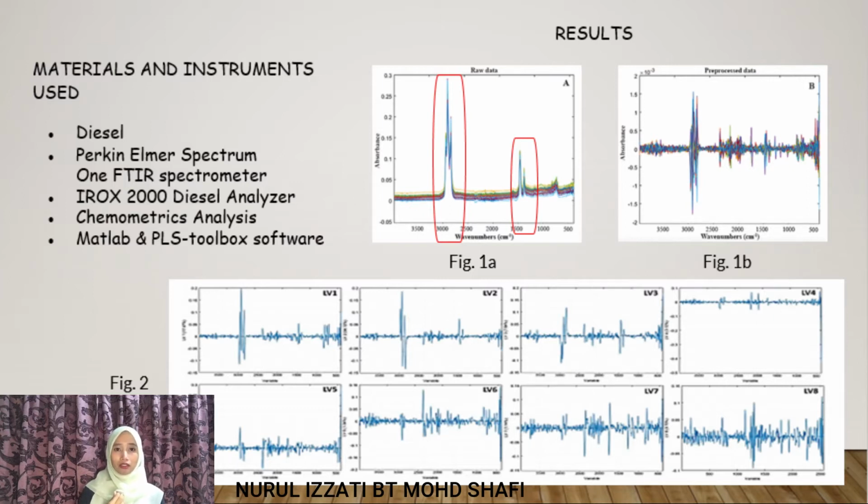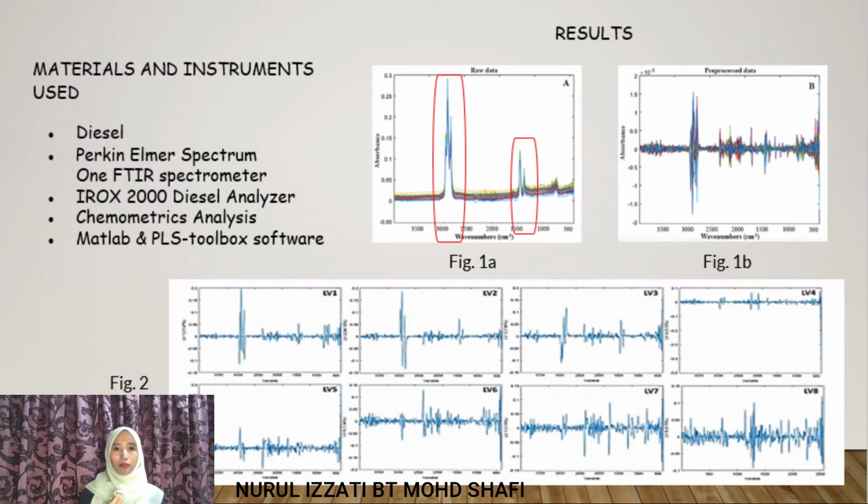For the results, as you can see in Figure 1a, two main absorbances at 2900 and 2830 cm⁻¹ respectively, associated with symmetric CH3 and CH2 stretch, were highlighted. Two other weak bands were observed at 1445 and 1400 cm⁻¹, caused by asymmetric deformation and CH2 scissor bending vibration respectively.